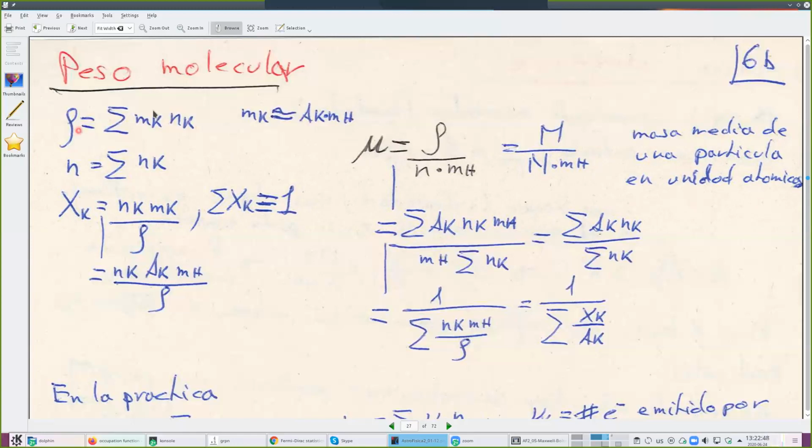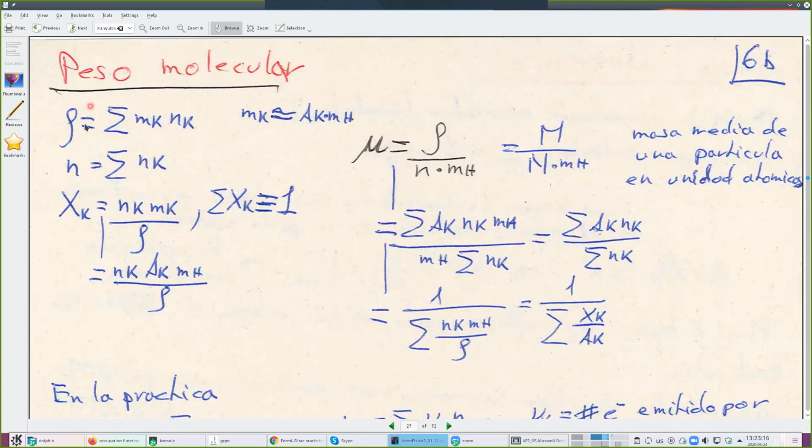Considering the density is the sum among all the particles with their mass, and the numerical density is the sum of the numerical densities.